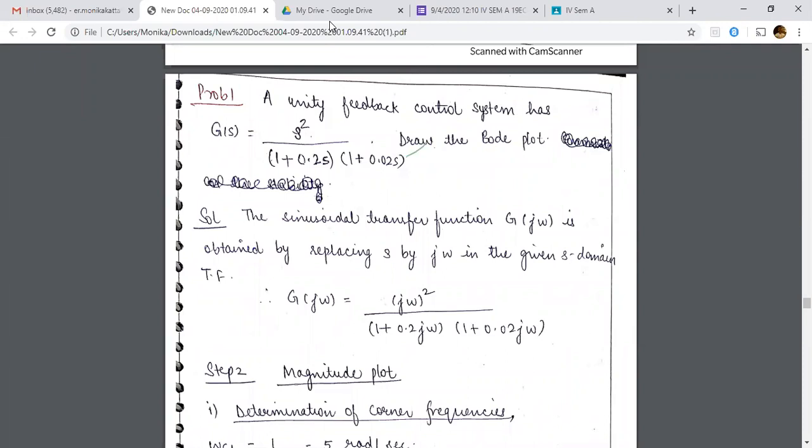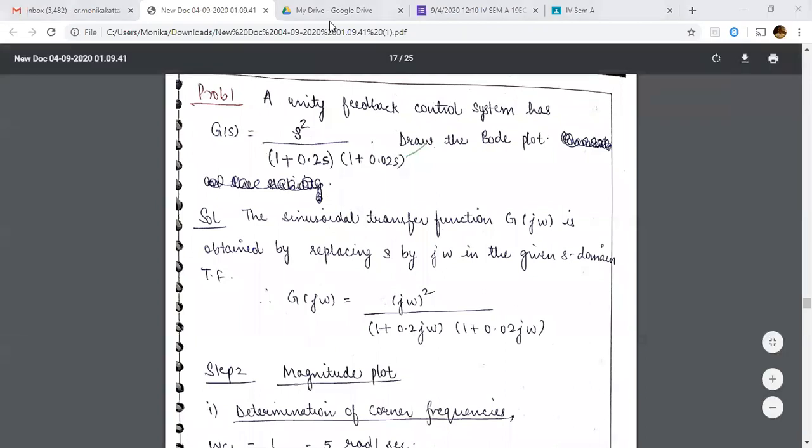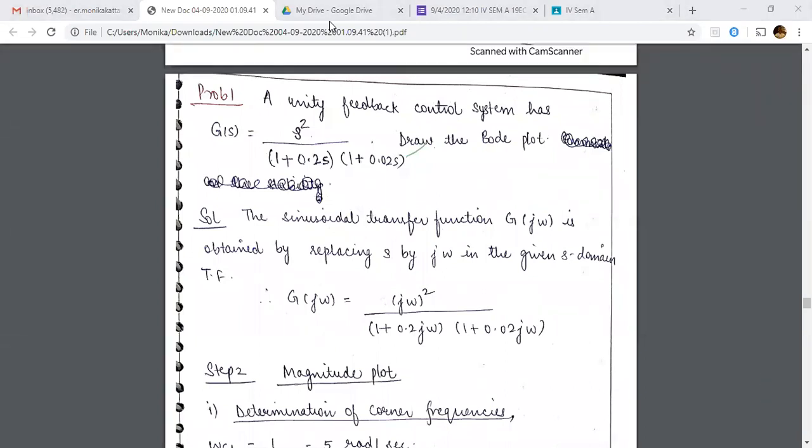Kuldeep has sent one message. Is he able to join? Kuldeep? So that means you have a network issue.